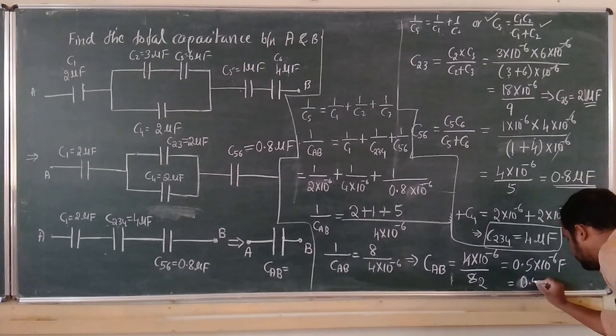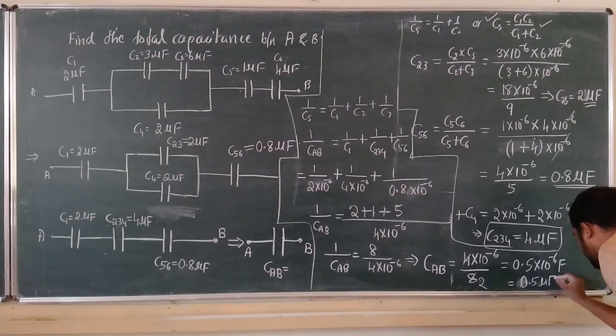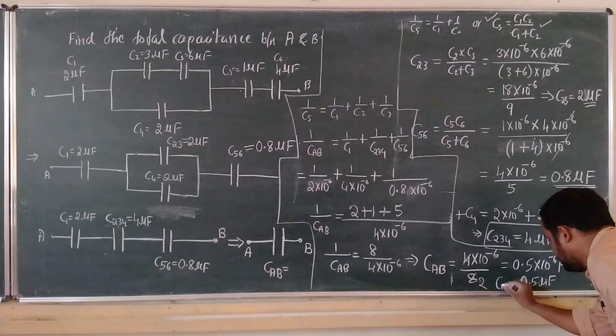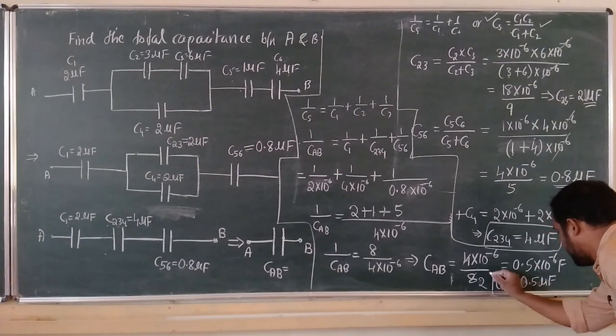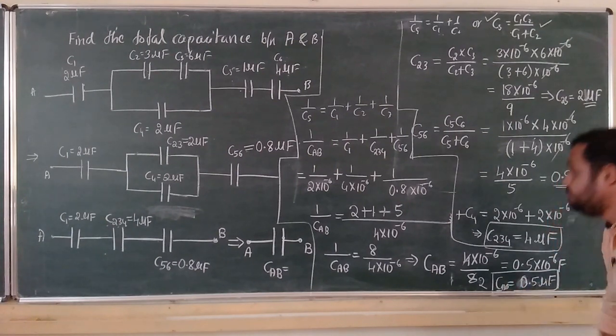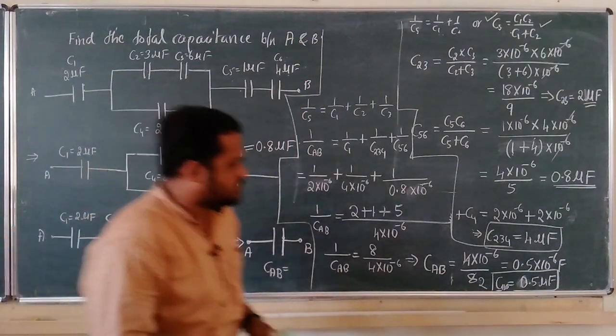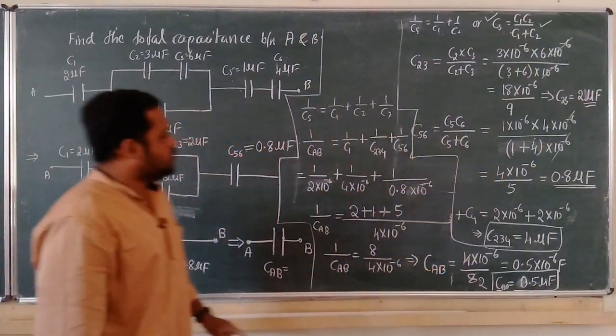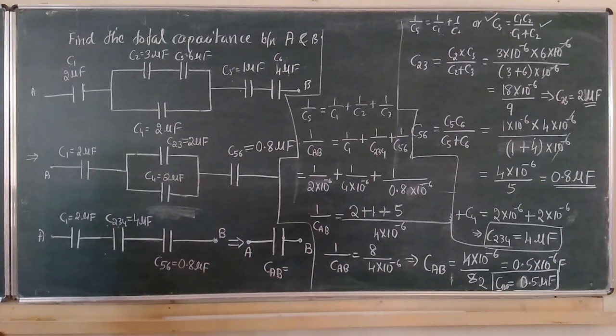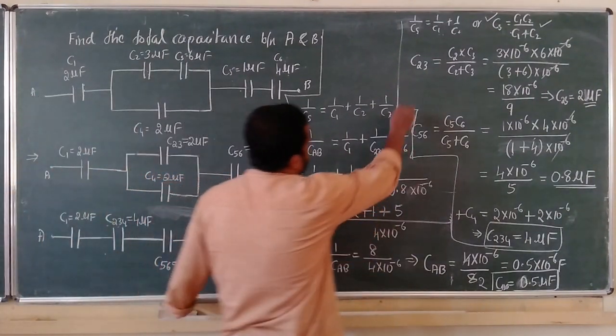So 0.5 microfarad is CAB, the total capacitance between the points A and B in the given circuit.